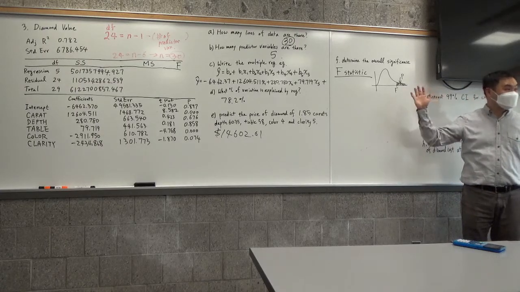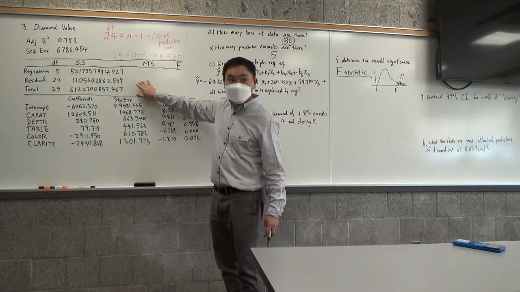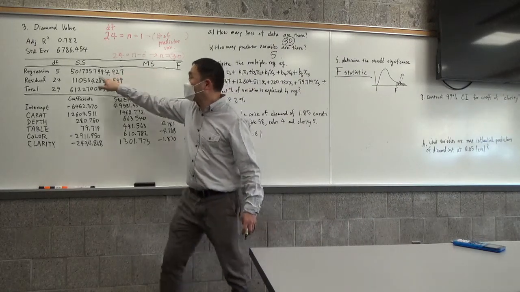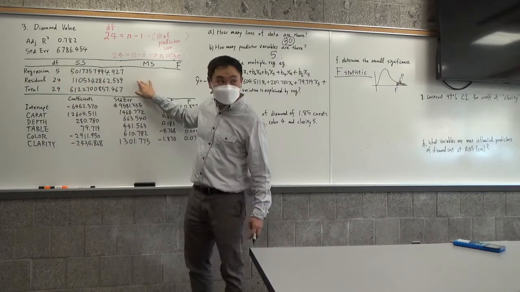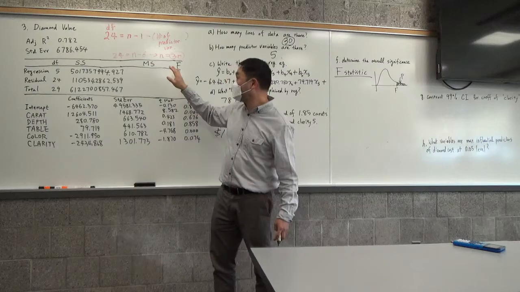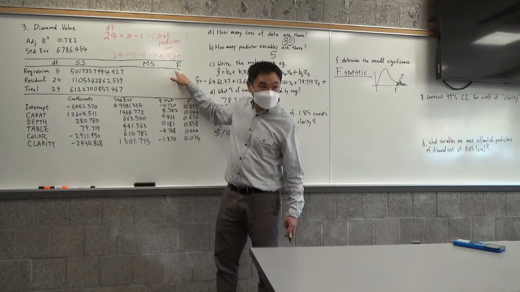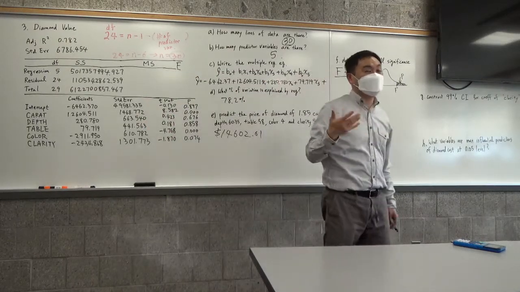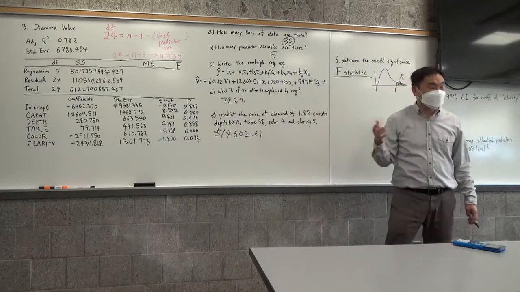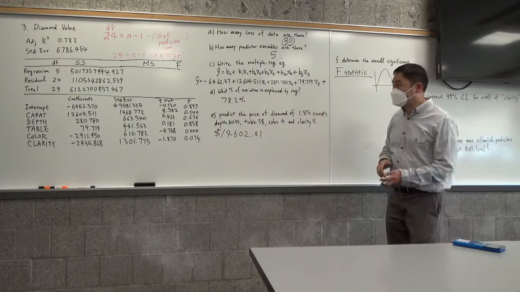Yeah, one more time. We find the mean squares. How do you get the mean squares? Sum of squares divided by degrees of freedom. You do that, and you get these two values. Then you calculate the F-test statistic by dividing these two. You get your F value. After you get the F value, you punch it into your calculator, FCDF, and that gives you your p-value. That part I'll explain in more detail.